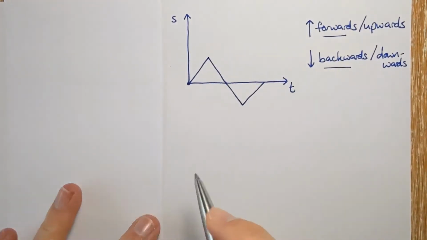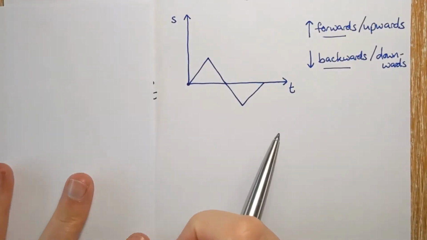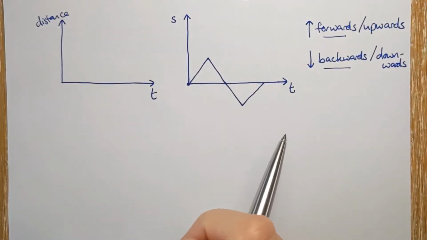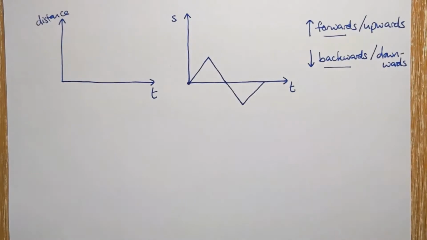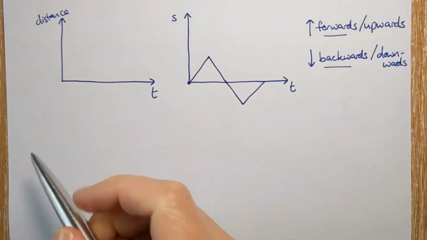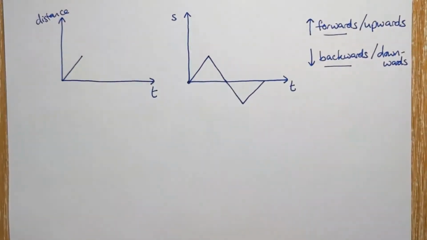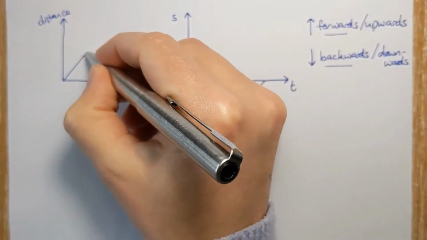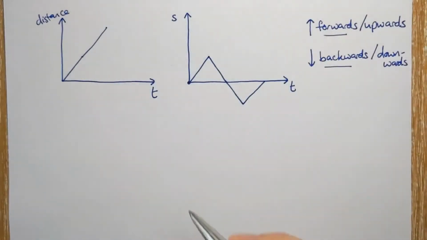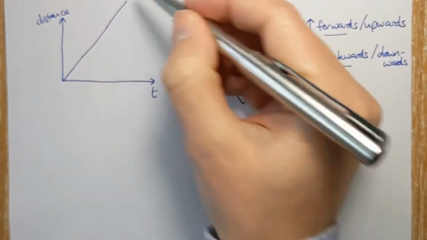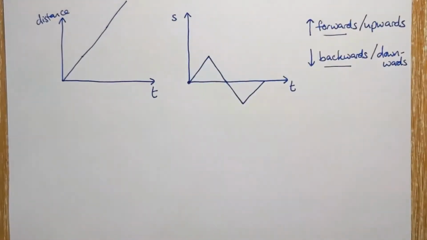That's what my displacement-time graph would look like. Notice that my distance-time graph simply logs how far I've gone. So in this version, I would go that far to go upstairs, and then I'd travel that far again to come back downstairs, and then that far again going down into the basement, and so on. I can't quite fit it on there.